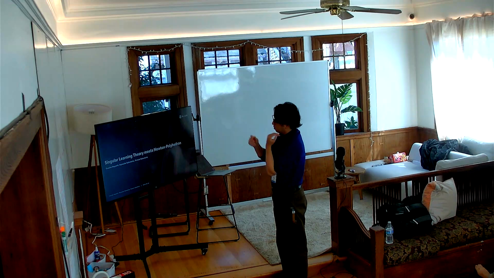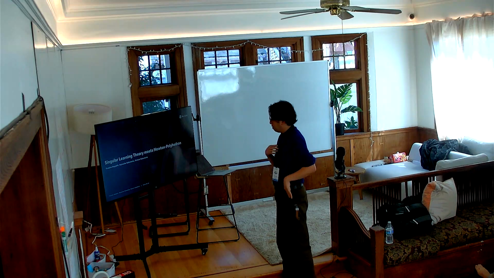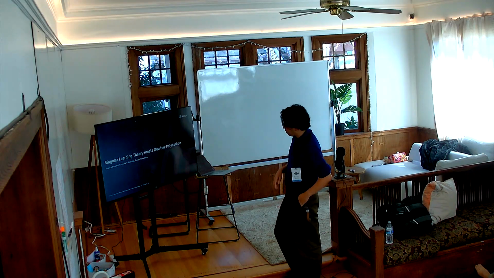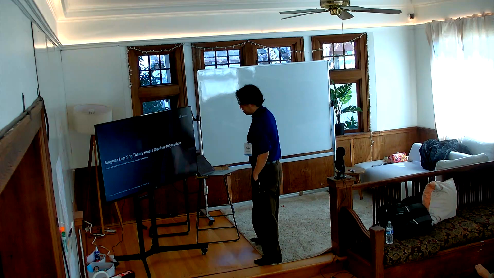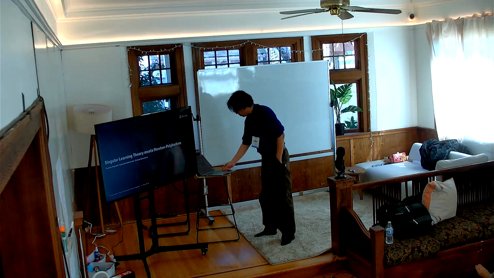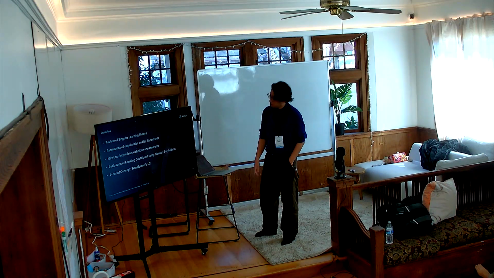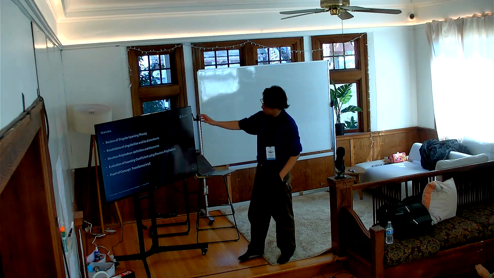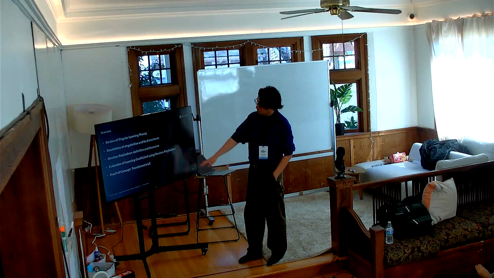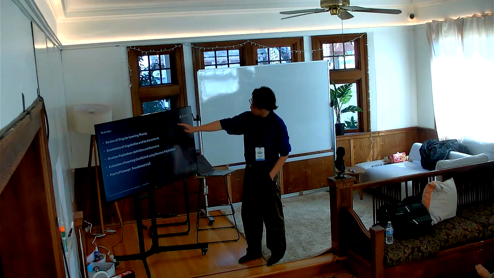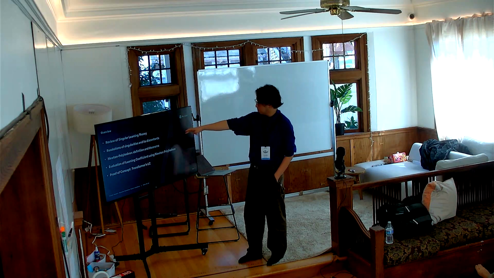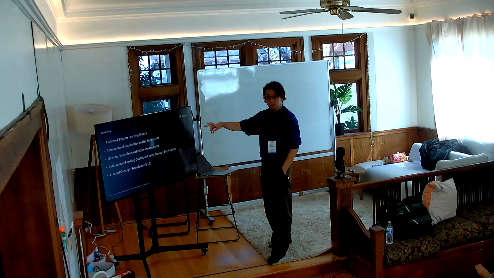Our talk on singular learning theory meets the Newton polyhedron. This talk's overview is here. At first, a review of singular learning theory, and next the resolutions of singularities and its limitations.